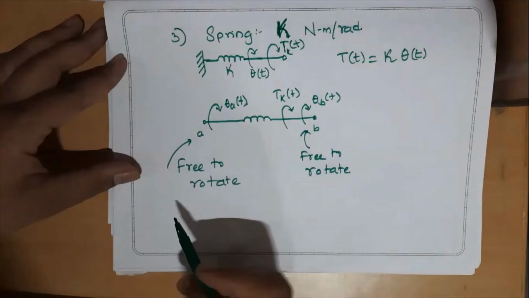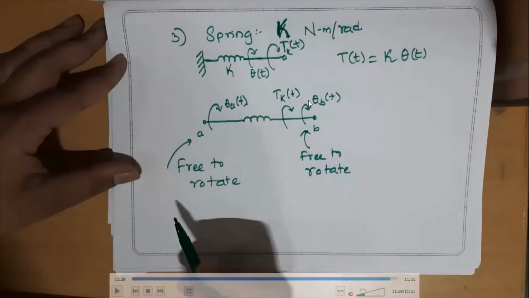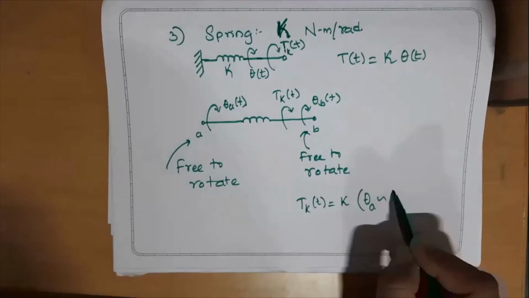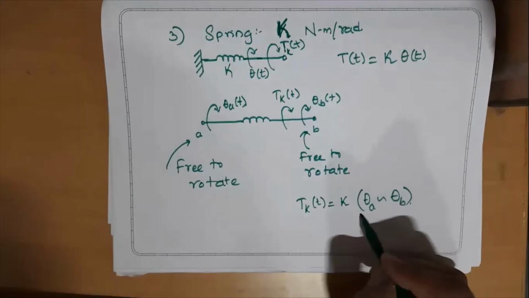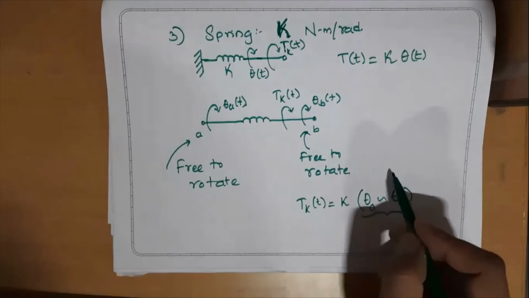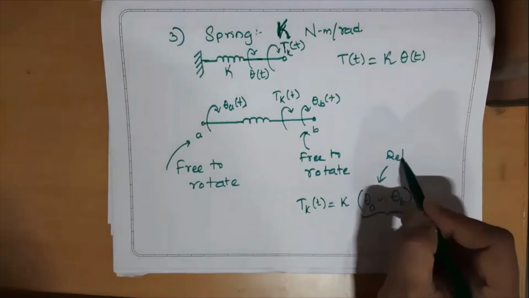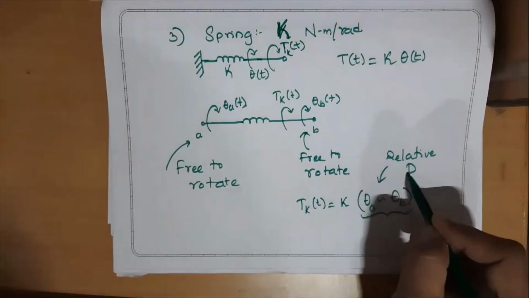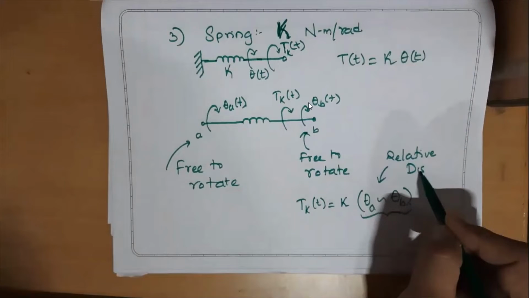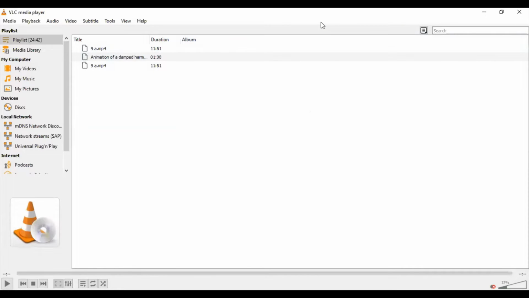Since it is a spring, it is obviously possible that these won't be equal at all. So how do we write this equation? It is Tk of t equals k into theta A difference theta B. It's relative displacement.